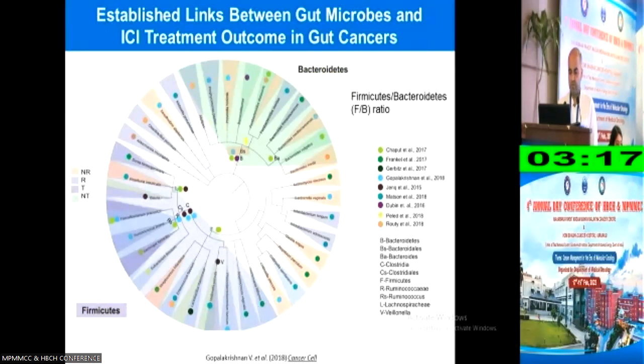If we can quantify each of the bacteria falling into these categories and take the ratio, it is usually positive, the ratio of Firmicutes divided by Bacteroidetes. But in cancer, particularly when you want to infer response to immune checkpoint inhibitors, people have shown that this ratio is directly associated with it.